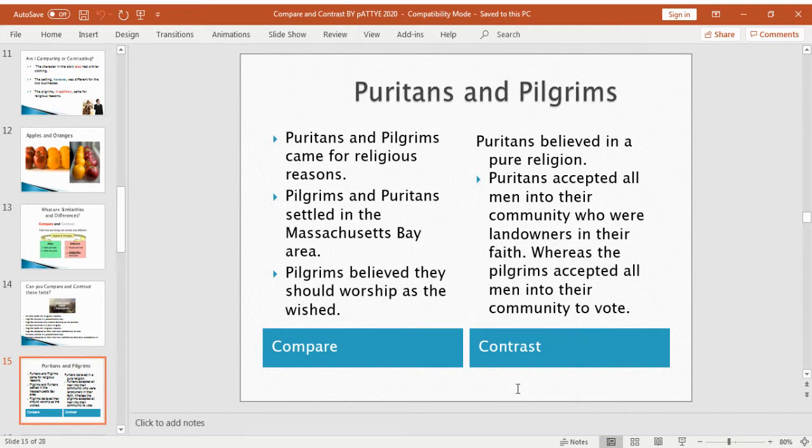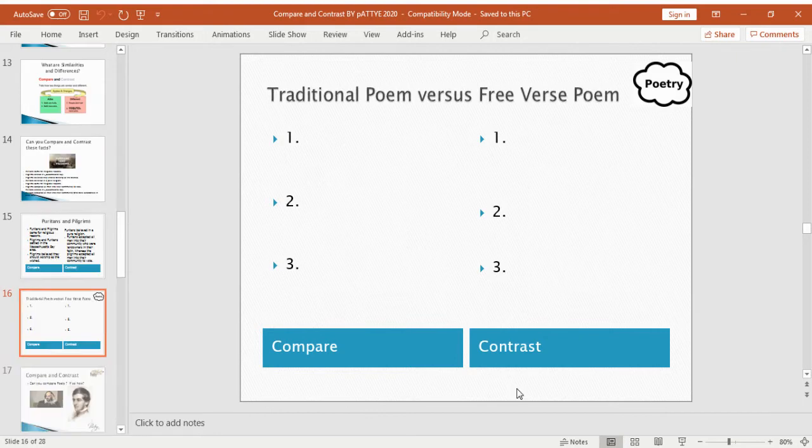Another way that they are different, the Puritans accepted all men into their community who were landowners. And the last, the Pilgrims accepted all men in their community to vote. So I can look at 2 moments in history, and I can compare and contrast how they are alike and how they are different.